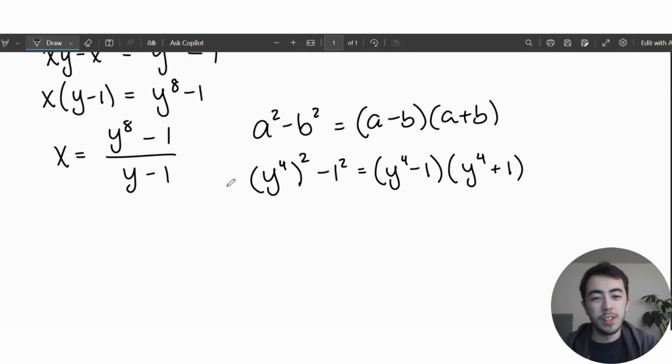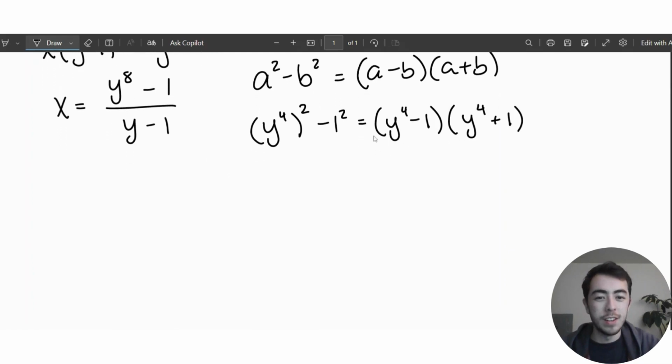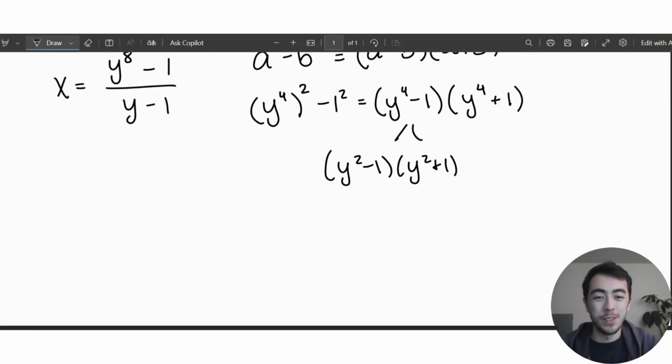This one's kind of interesting because I have yet another difference of squares here. I could write y to the 4th as y squared squared. So I can break up these factors even further and get y squared minus 1 times y squared plus 1. And then there's one more difference of squares.